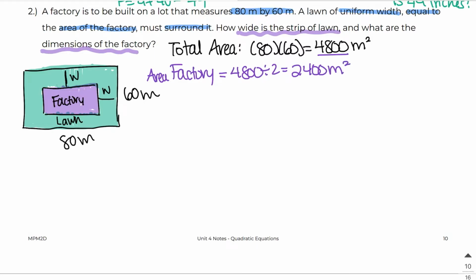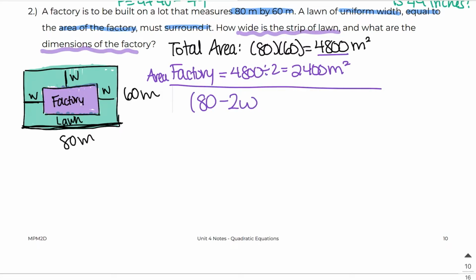Okay, so now that we've figured that out, we need to find an expression for this factory. So if we know that the length of the full lot is 80 meters, and we have a width of W on the left side of the factory and a width of W on the right side of the factory, we know that the width of the factory has to be the whole 80 minus 2 of these W. So here we're going to say that this would be 80 minus 2W.